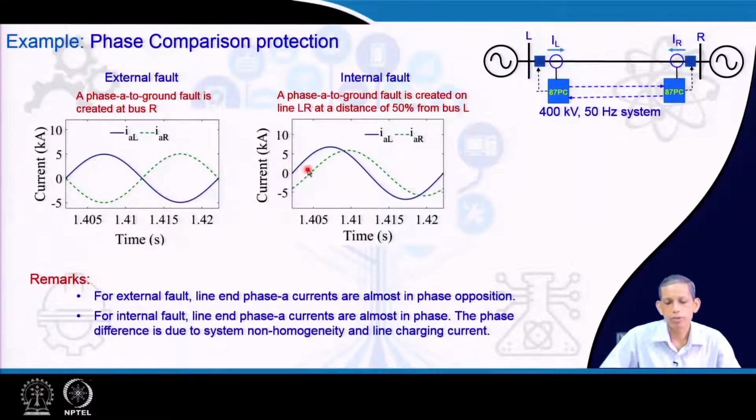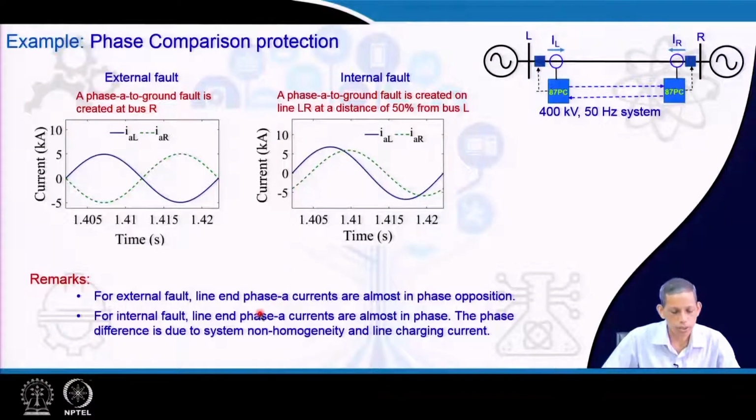and the fault can be detected easily. Now, in case of a phase to ground fault, the internal fault case, current is being fed from this side and current is also being fed from the other side. These are the two currents available through the CTs. So, we see here that the two currents have a phase difference.